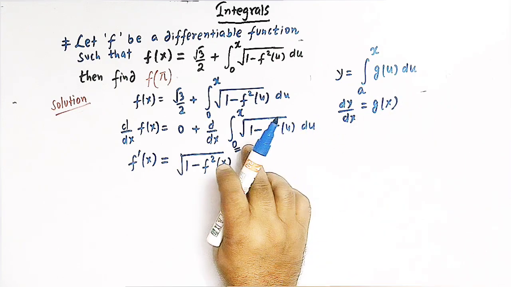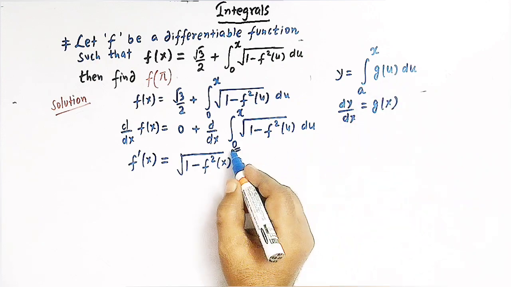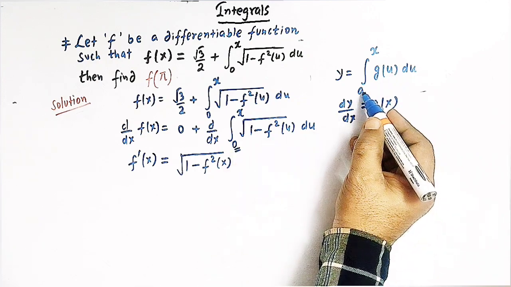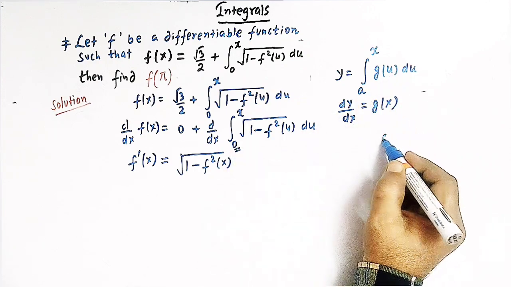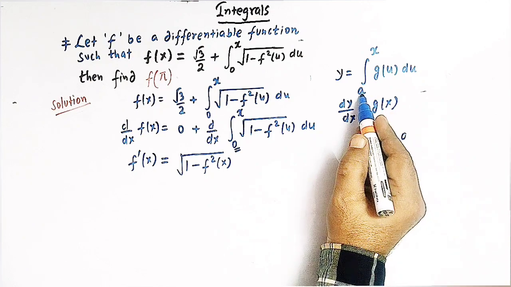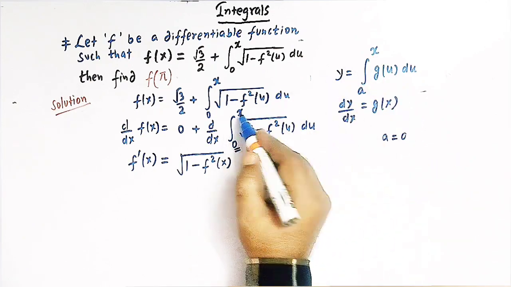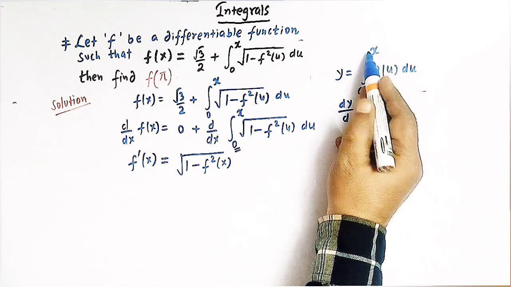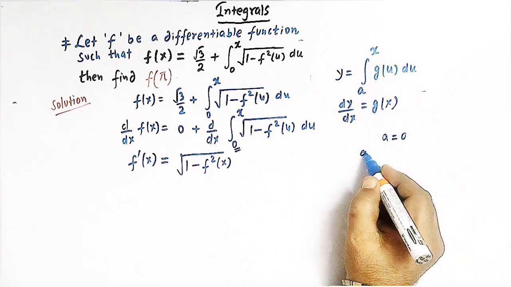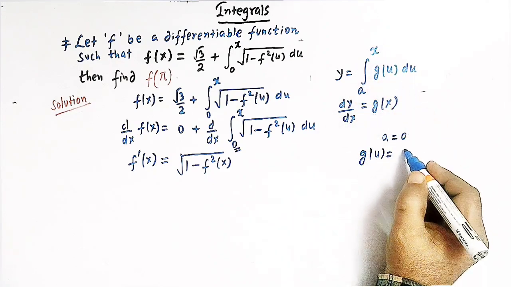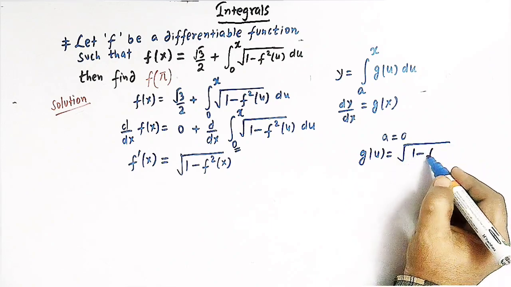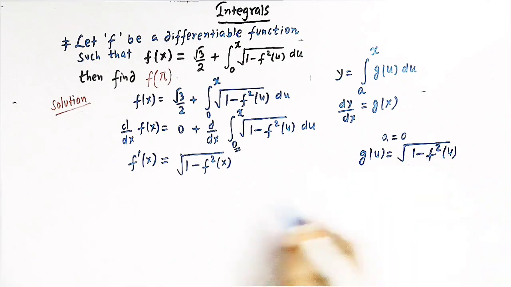So if we compare this integral with this one, then the lower limit is a equal to 0. Here a is a constant, and the upper limit is x, here also the upper limit is x, and g of u is given by square root of 1 minus f square u, right?